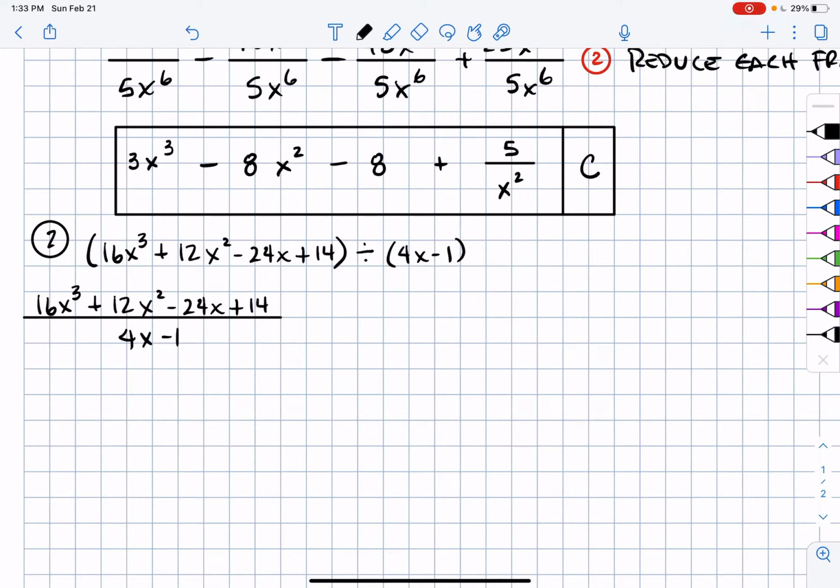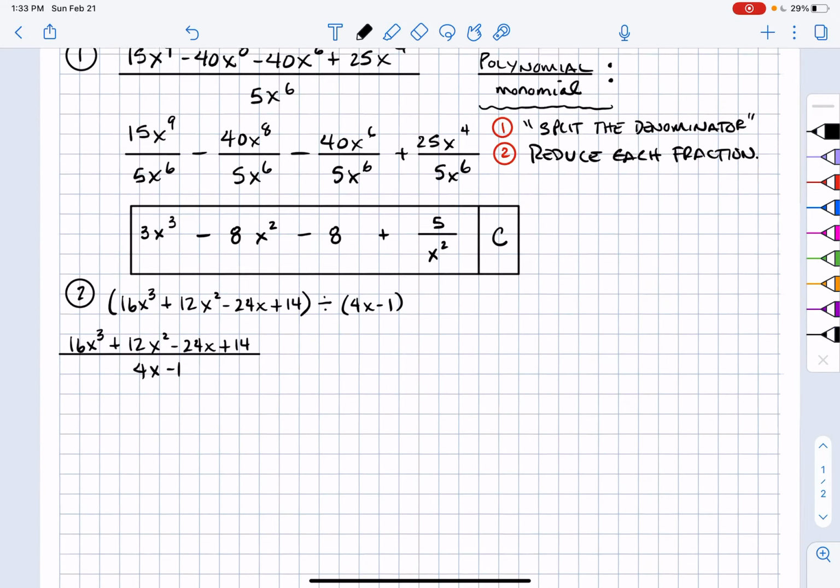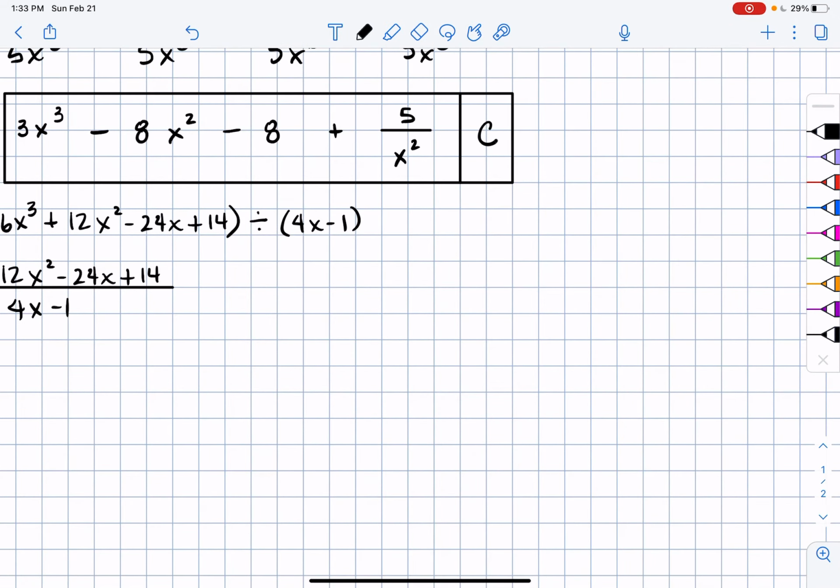So now notice that my denominator that I'm dividing by is a binomial. So this would be called a polynomial divided by a binomial. Okay, so this one here has a different process also.